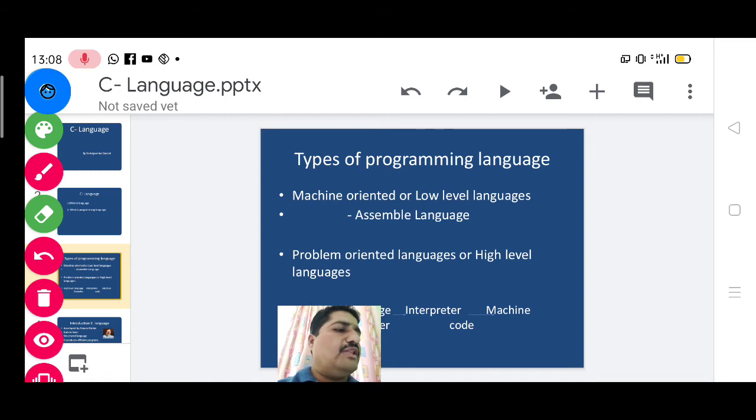For example, to start the program we have STP, that is the start program, and to end the program we have ENP, this is the end program, etc.